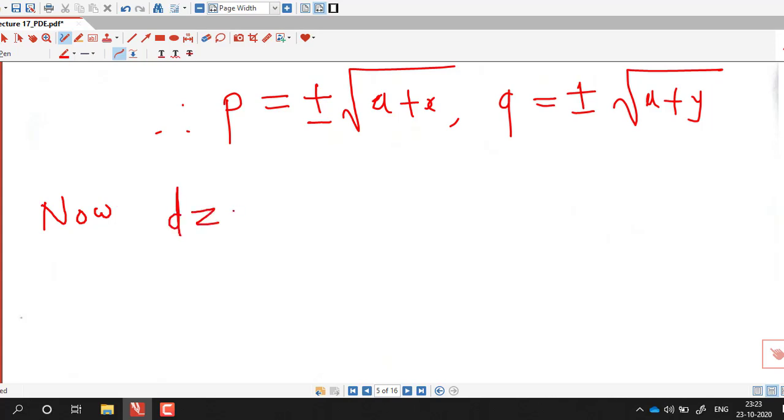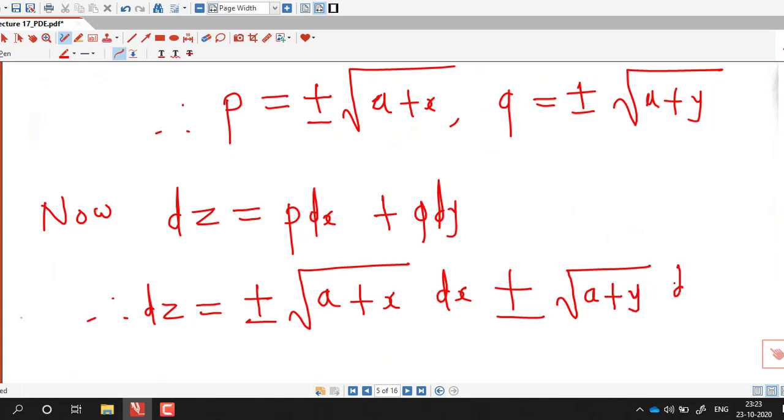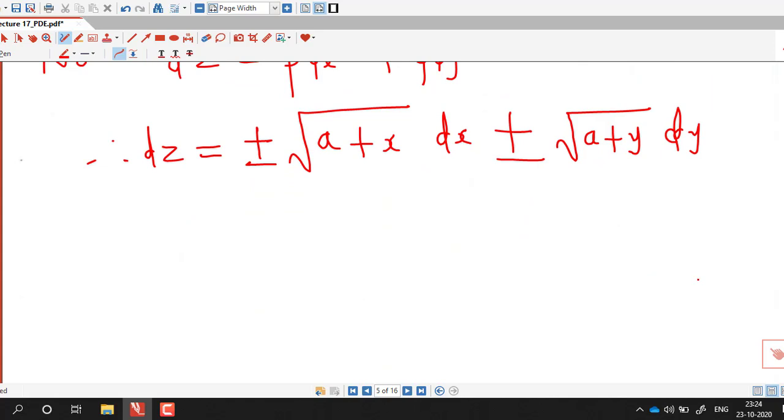Now dz is p dx plus q dy. Therefore dz is plus or minus under root a plus x dx plus or minus under root a plus y dy. So now this is separable in dx, dy, dz.